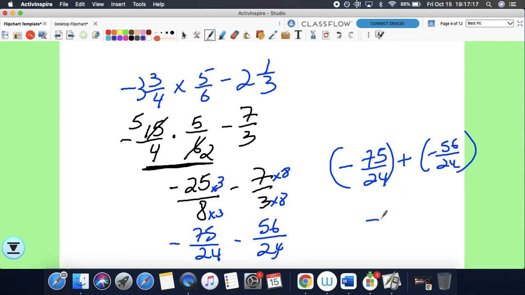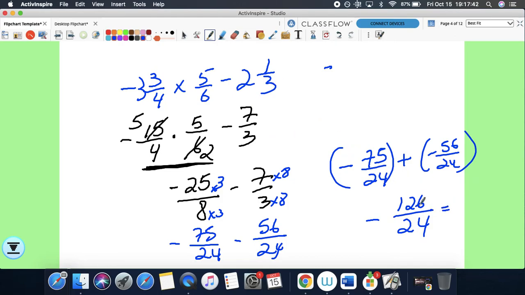So it's going to be a negative over 24, and we add the top. 75 plus 56, it's 131. Sorry, it's going to be 131. Okay. So 131, we can change that to a mixed number.